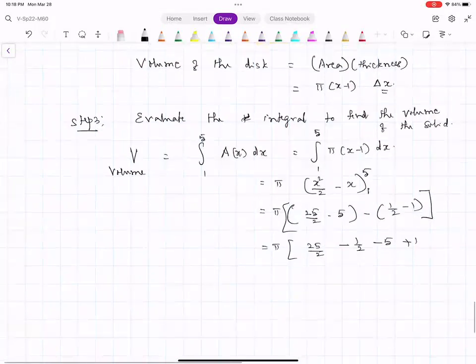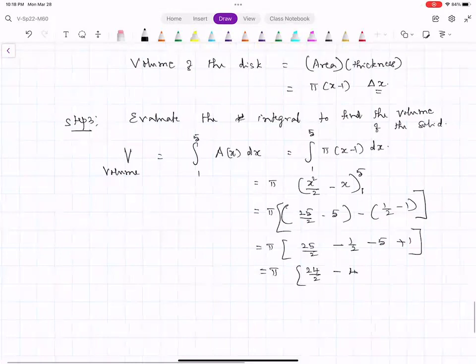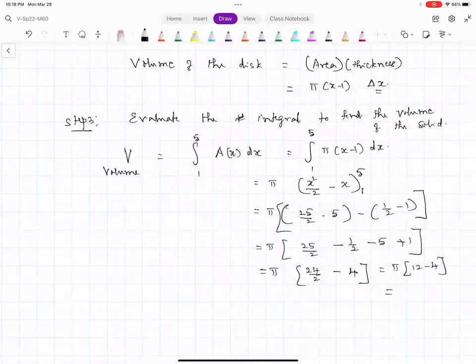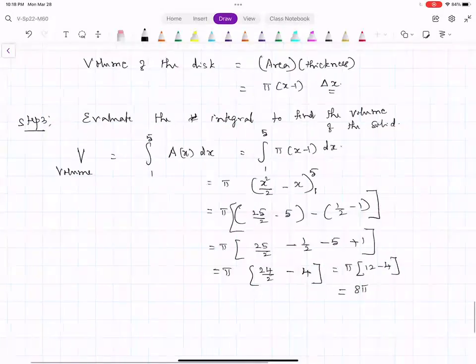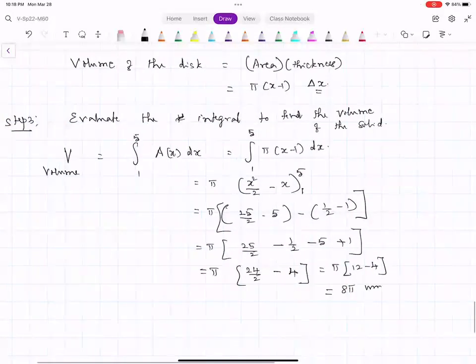Distributing the minus, that is pi times 25 minus 1, which is 24 over 2, or 12, minus 4. So it is pi times 12 minus 4, which equals 8 pi. Because it is a volume, we write the units as cubic units.